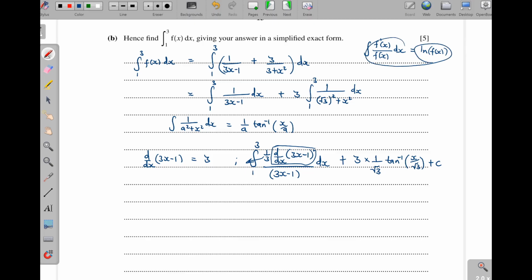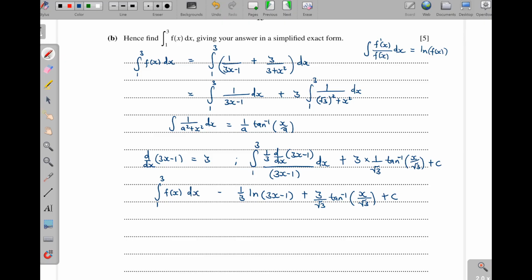So we can have a third, then the natural log of the denominator. You see that? Then plus 3 out of root of 3, then the arctan of x out of the square root of 3, then plus c. So that is our integral from 1 to 3 of f of x dx.